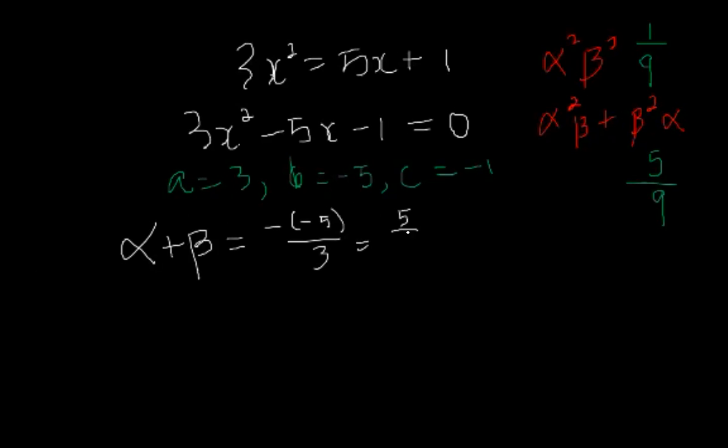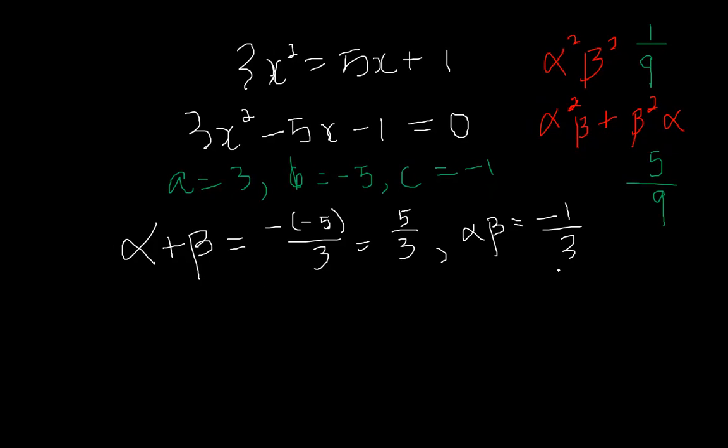So 5 on 3. Anybody doesn't understand how you got this? And alpha beta, we know the formula for that is C on A. C is minus 1 on A.